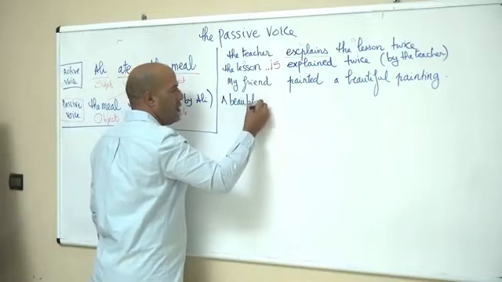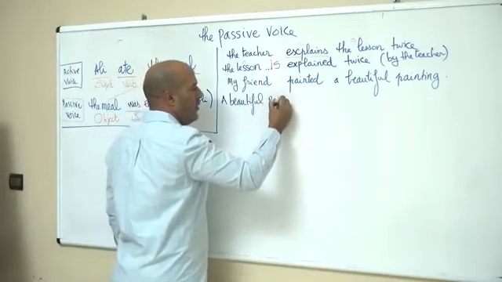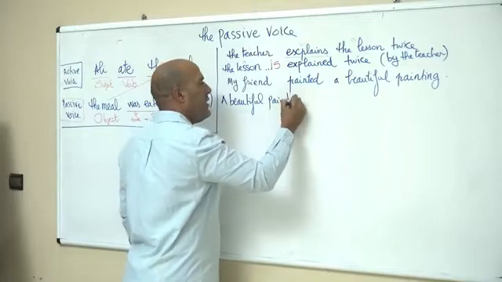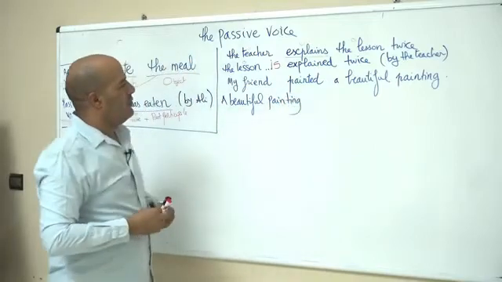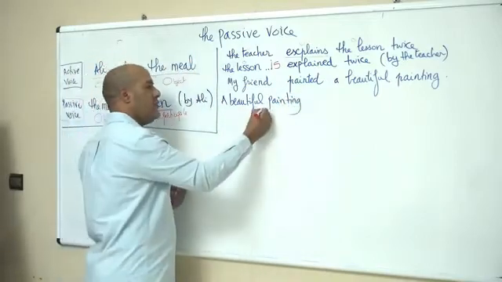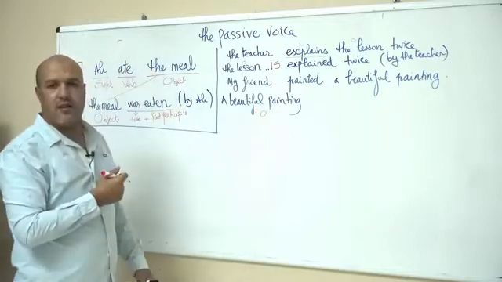Of course our object is a beautiful painting. So this is our object. So we want to put the sentence in the passive voice.